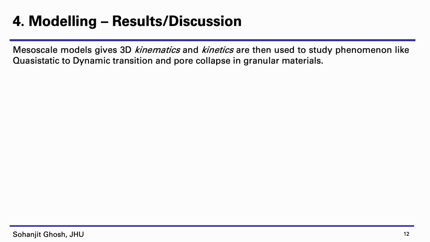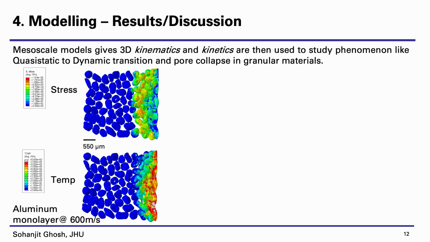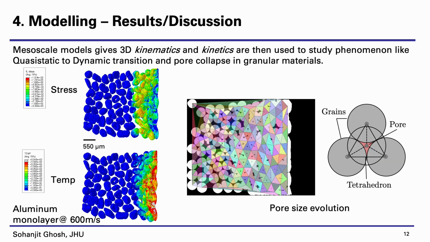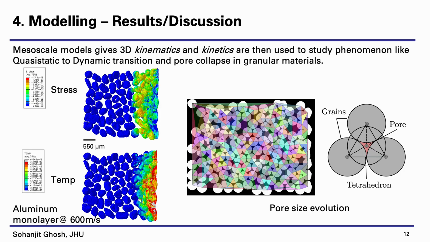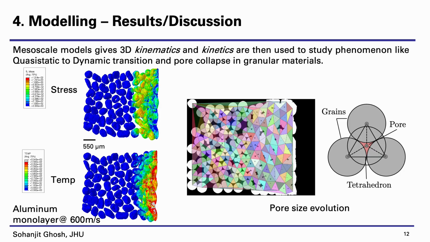Validated mesoscale models give us access to the 3D kinematics and kinetics of both the grains and the pores, and can be used to study things like quasi-static to dynamic transition and pore collapse. These are well researched topics in the community. We see the heterogeneity that arises in the granular assembly, in the stresses, temperature. We also can quantify the pore size evolution in 3D now, whereas before using X-ray imaging, it was just a 2D projection.